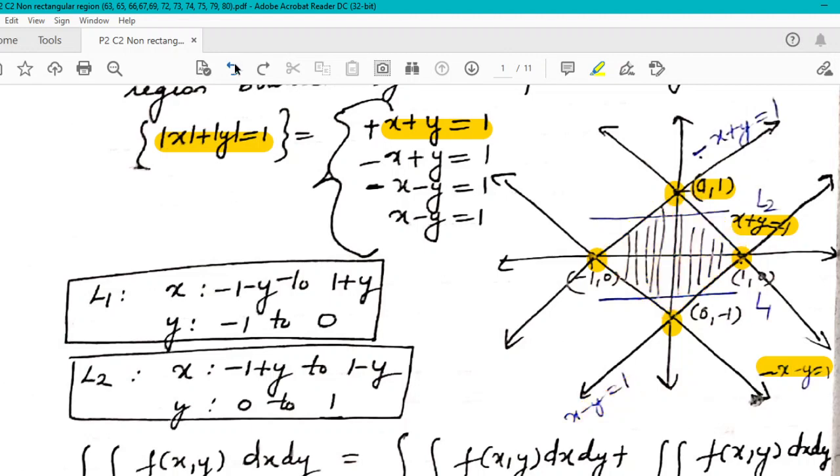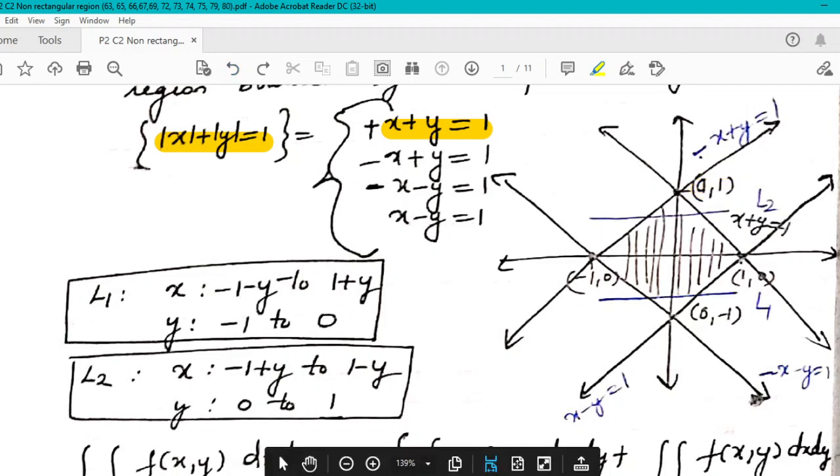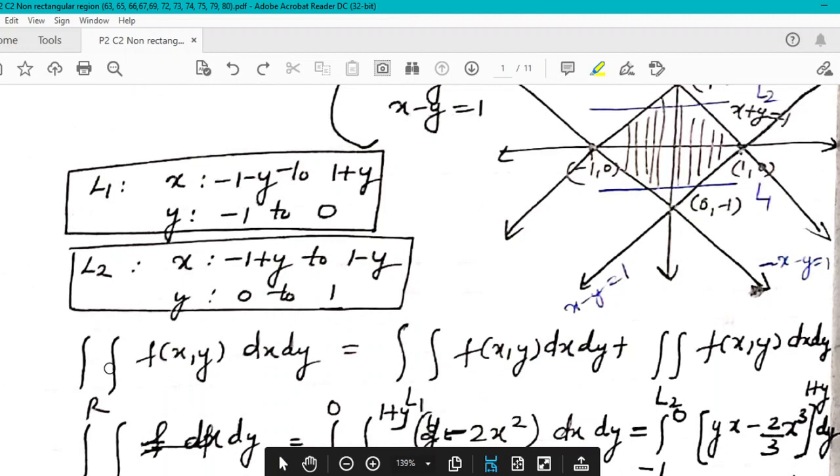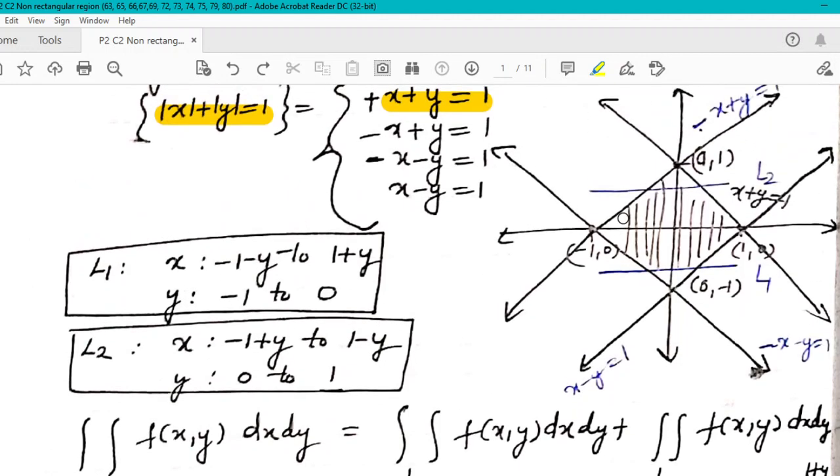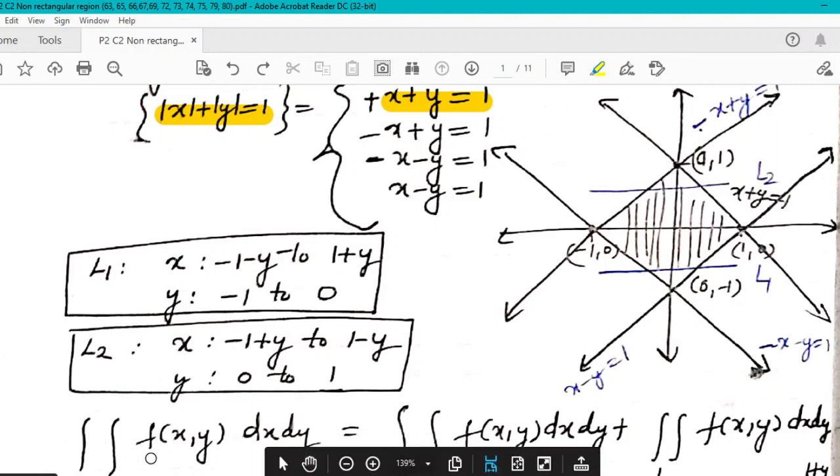Now we have to find the value of the double integral of f(x,y). Either you find the double integral with dx dy, or with dy dx, as per your convenience. I am going to do the double integral f(x,y) dx dy.